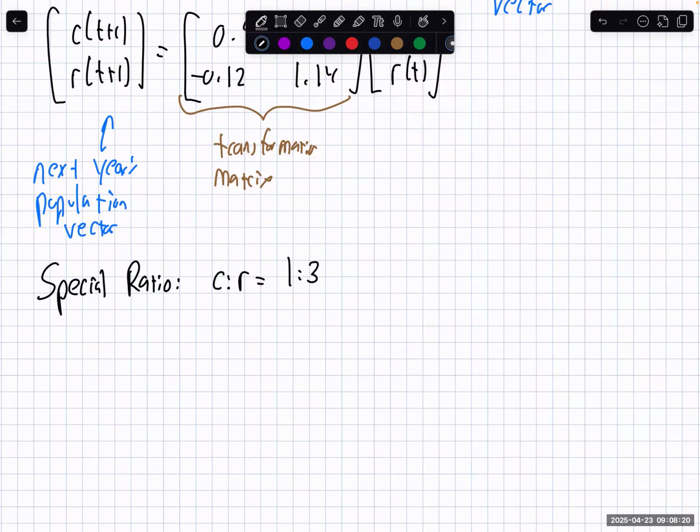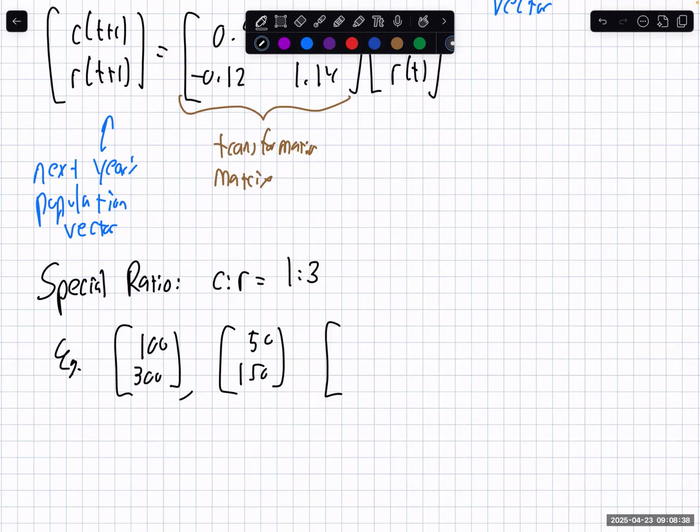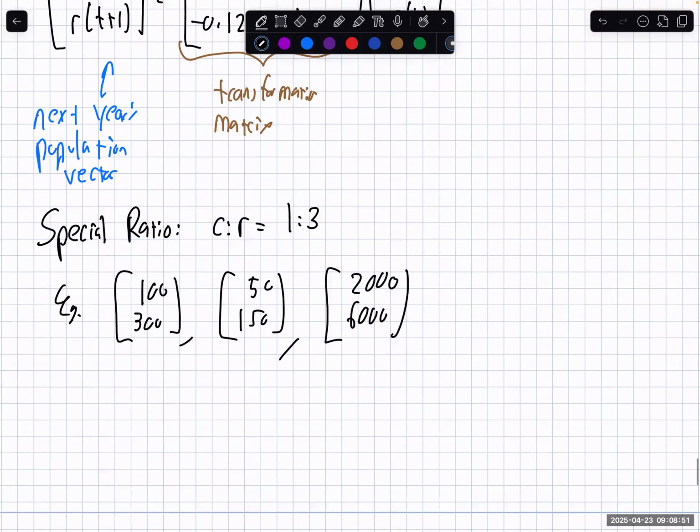There's going to be a couple special ratios I want to look at. So one of them is when the coyote to roadrunner ratio is 1:3. So for example, either 100 coyotes to 300 roadrunners or 50 coyotes, 150 roadrunners.